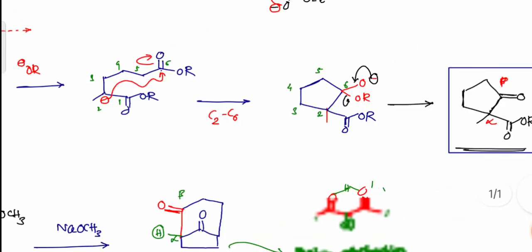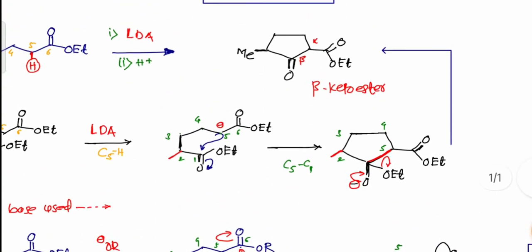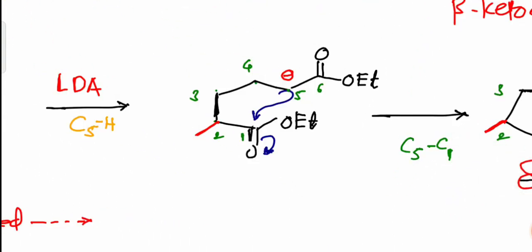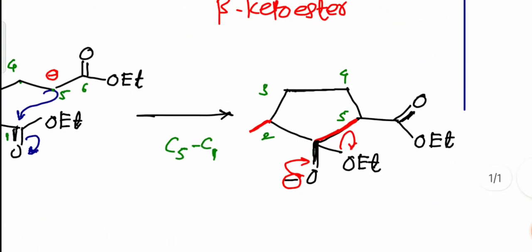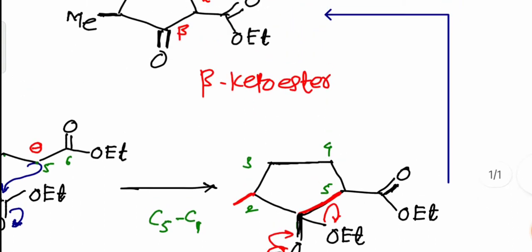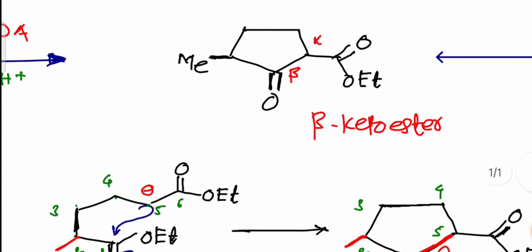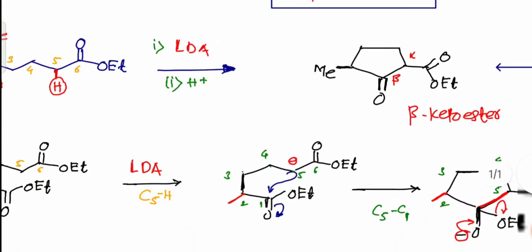So the C1 and C5 bond will be formed, and a cyclic product will be there, and that product is called a beta keto ester. You should do the acidic workup finally, and you will get this product. In this way we can take this example for regioselectivity.